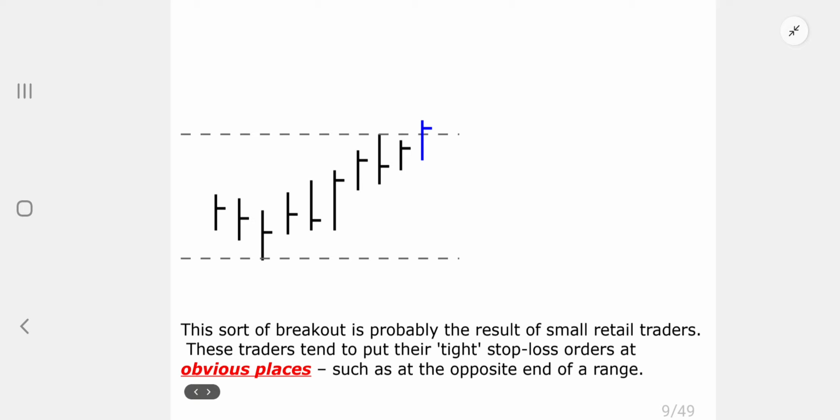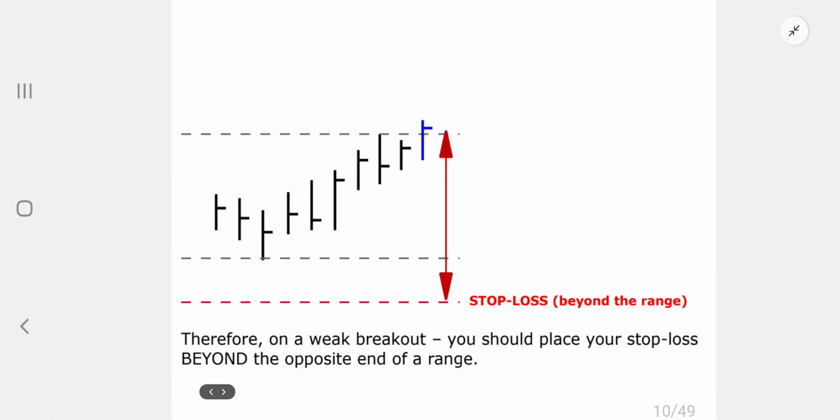This sort of breakout is probably the result of small retail traders. These traders tend to put their tight stop loss orders at obvious places, such as at the opposite end of a range. Therefore, on a weak breakout, you should place your stop loss beyond the opposite end of a range.